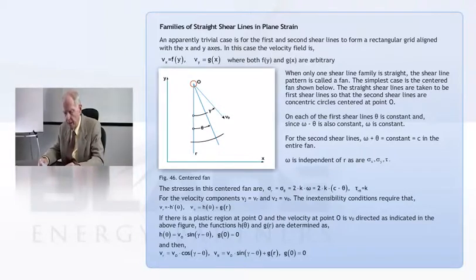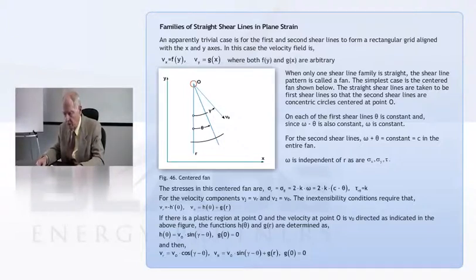The fact is that you can have what's called a family of straight shear lines. Family being used usually as there's the first shear line family and the second shear line family, and that's all the shear lines there are.